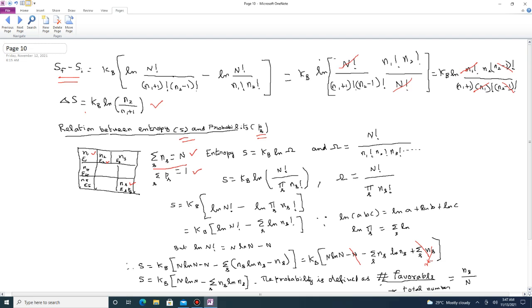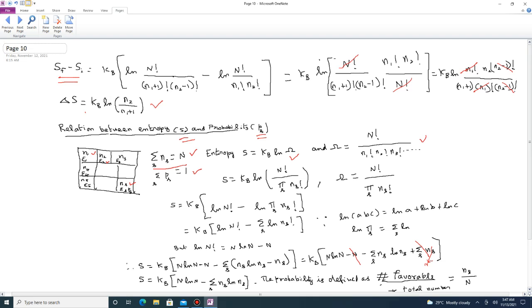Now the entropy: this is the formula, S is equal to k_B logarithm of omega, and omega is N factorial divided by n1 factorial, n2 factorial, n3 factorial, and so on. So this is the expression for the number of microstates.